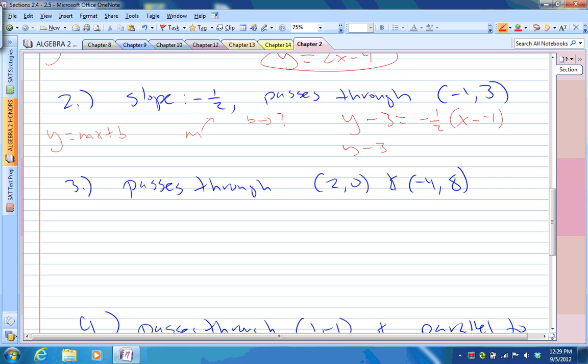If I work it out, y minus 3 equals negative half x, and it actually should come out to being minus half, because minus negative 1 is positive 1, and negative half becomes negative half. So when I get y all by itself, I get negative half x plus 5 halves, because 3 plus negative half will be 5 halves.